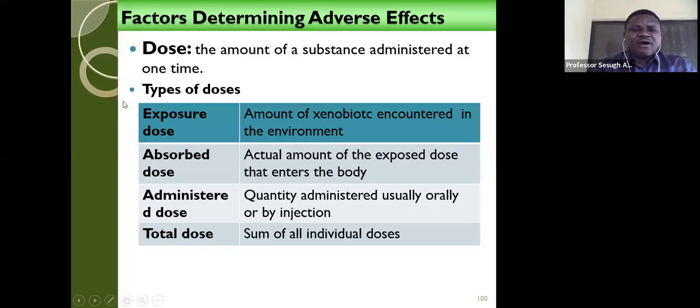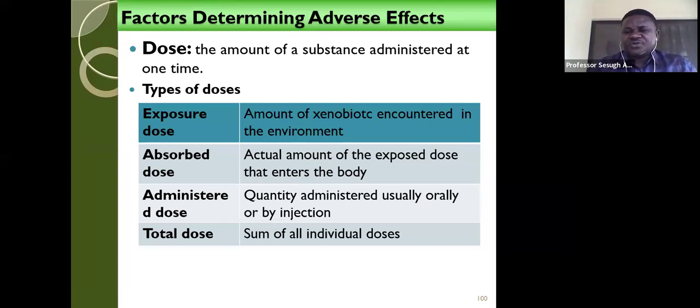So we have looked at intrinsic factors, and now we're looking at the second factor, that is dose. Dose is the amount of a substance administered at one time.